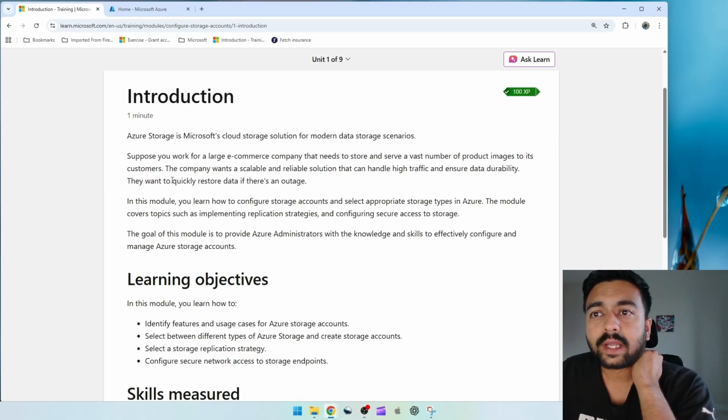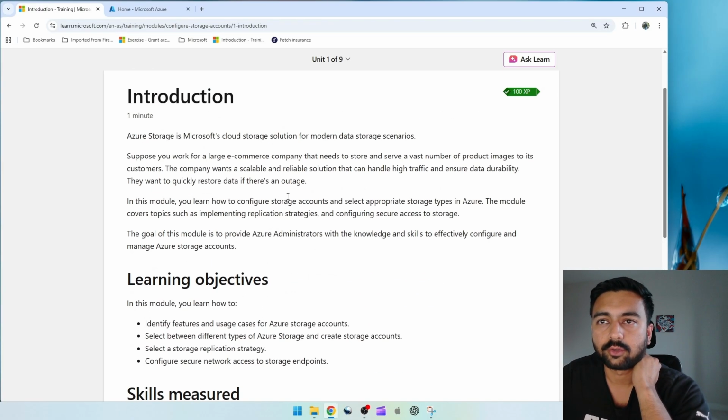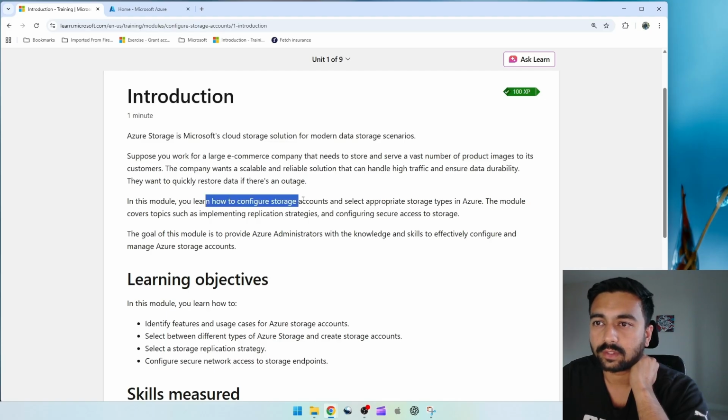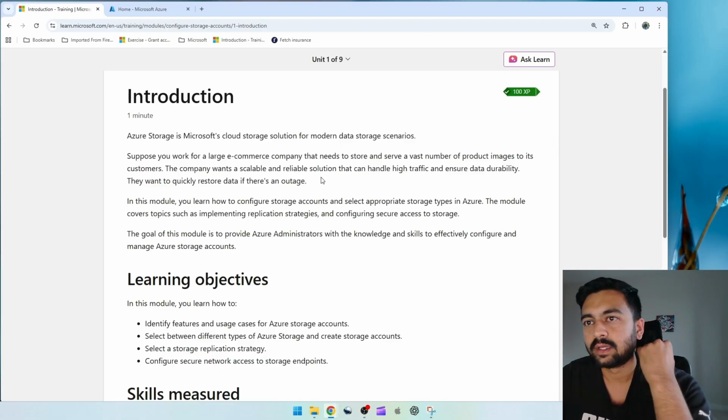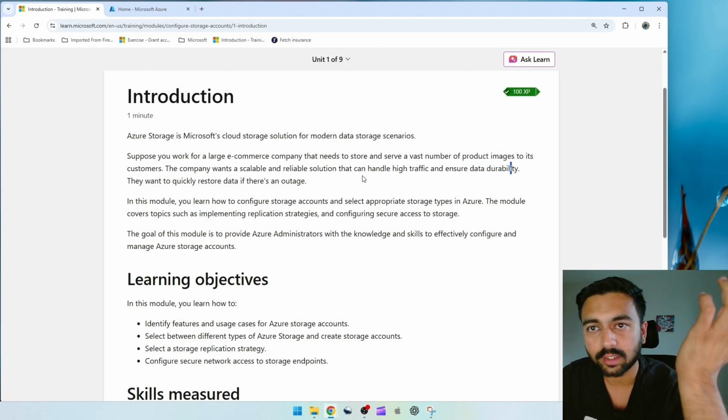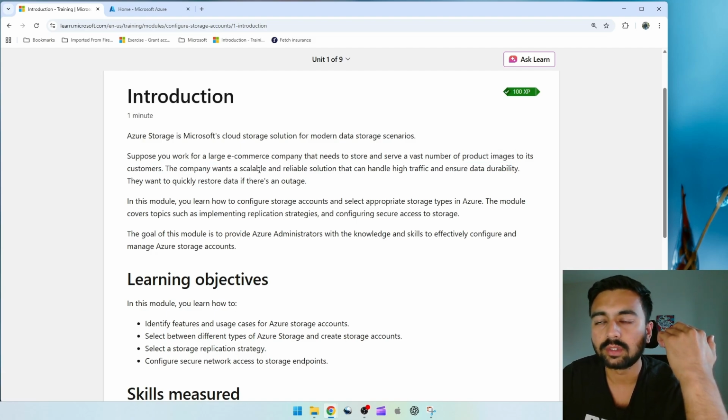And they want to quickly restore data if there's an outage. So when you go through this entire module, this is what we are going to cover. We're going to learn how to configure storage accounts and what type of storage accounts we need in this scenario. So a large e-commerce company needs to store product images, and they want a scalable, reliable solution.